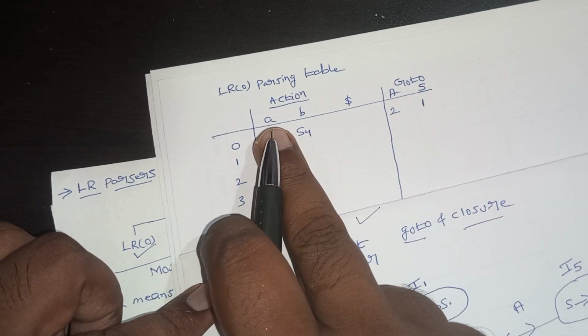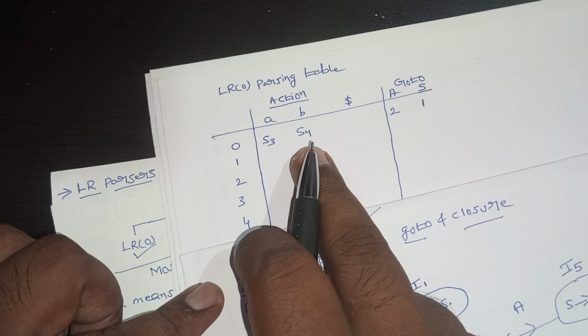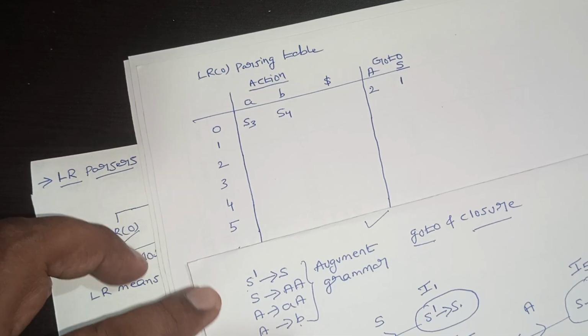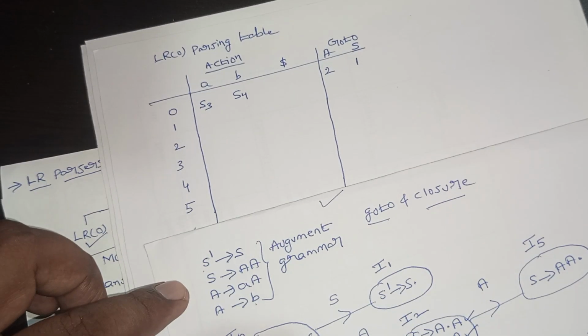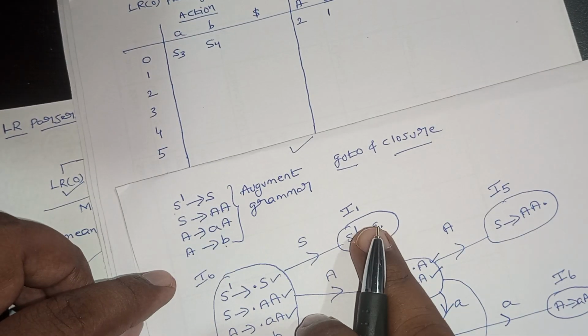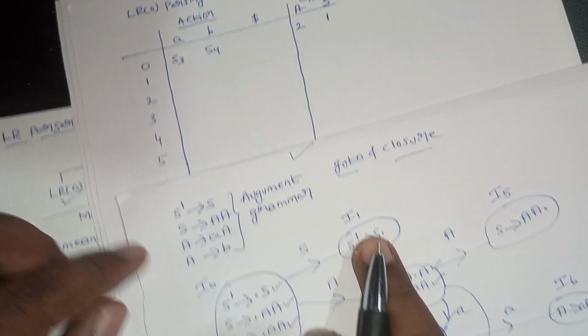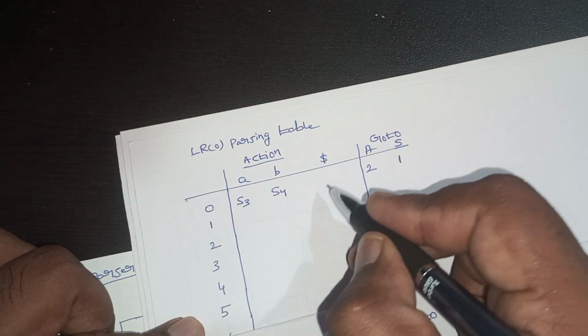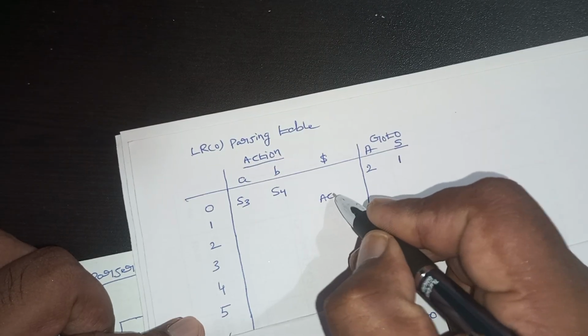Whenever there are terminals, I'm writing S3 and then S4. S means shift. Now fill for I1. What is I1? It is a final item. Simply you add I1 on dollar, you write accept.